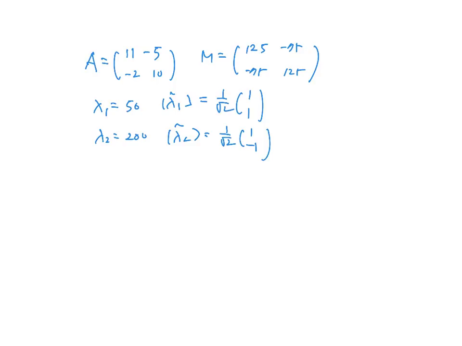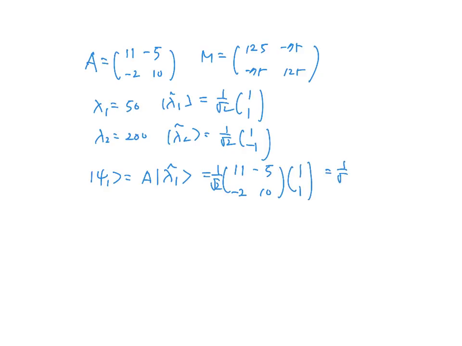So next step is defining the unitary matrix, but we just follow psi 1, A lambda 1 tilde, right? Which is 11 minus 5 minus 5, 10. We have square root of 2, 1, 1, which is square root of 2. 11 minus 5 is 6.